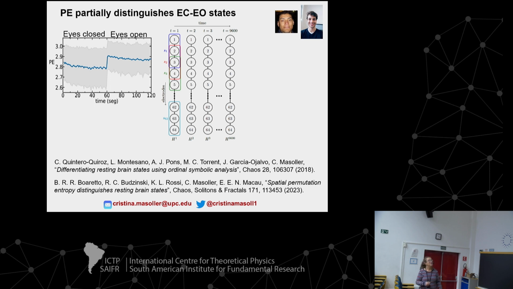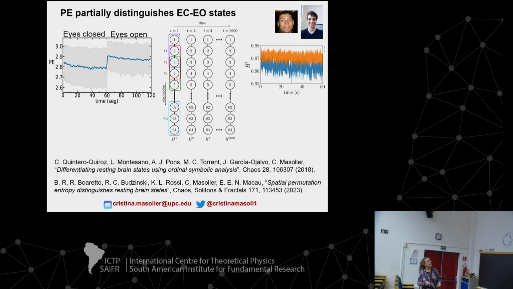The way was, instead of computing the ordinal patterns in time, computing the ordinal patterns in space. So using the values of the electrodes at a given time. Okay, so we have 16 electrodes, or 74 electrodes, that give me a certain number of patterns. And then use the different times to compute entropies as time changes.